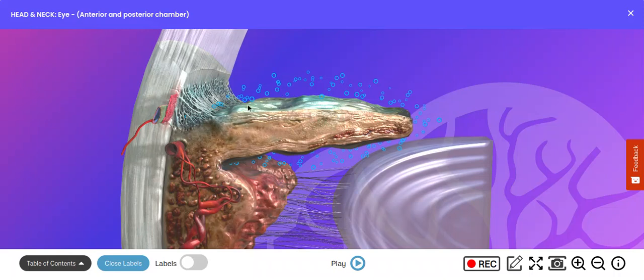If the angle closes somehow, and the pathway of aqueous humor outflow is blocked, it can cause accumulation of the aqueous humor and can cause glaucoma.